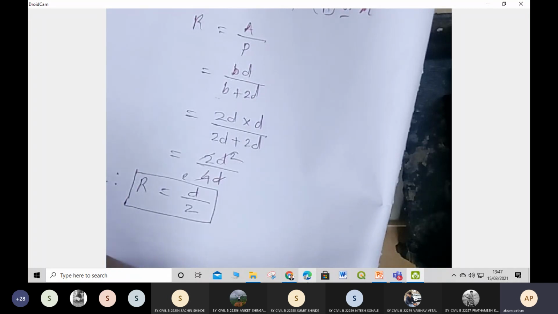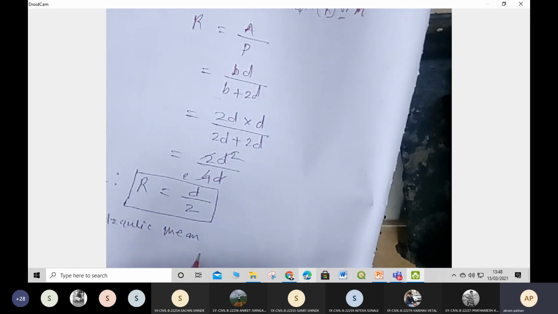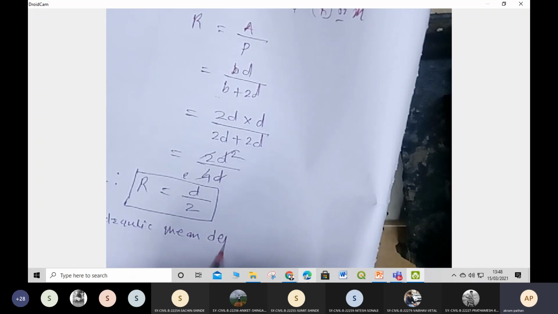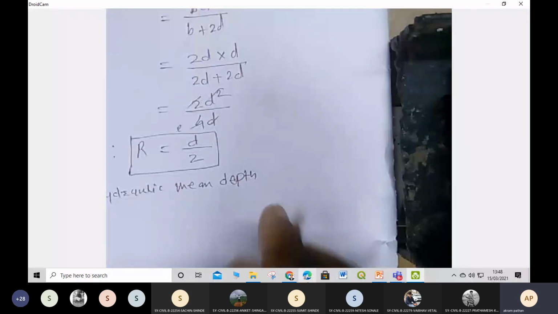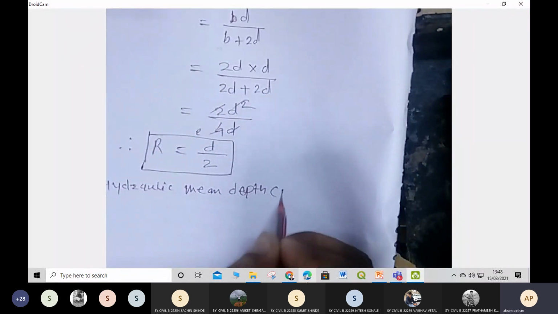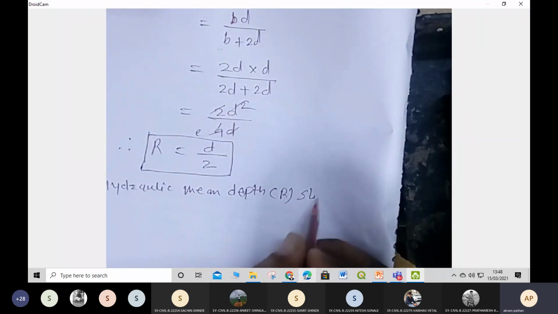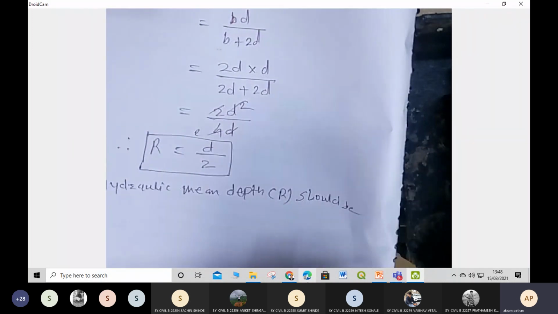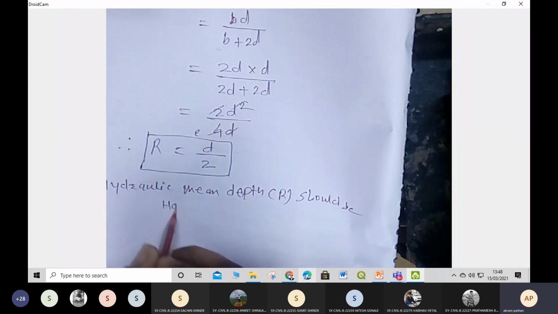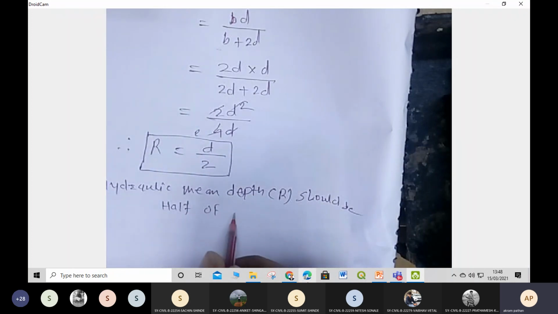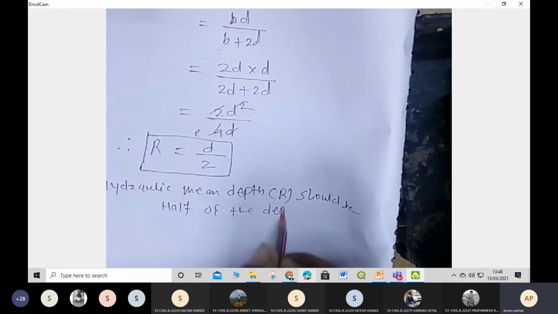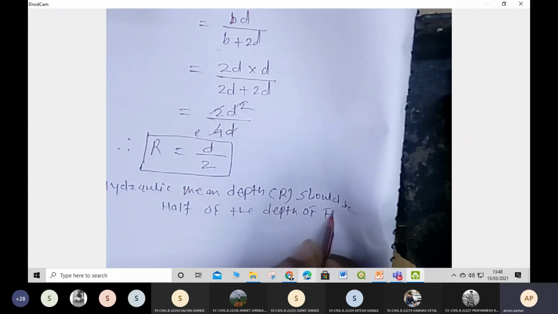So for the most economical rectangular channel section, the hydraulic mean depth R should be half of the depth of flow.